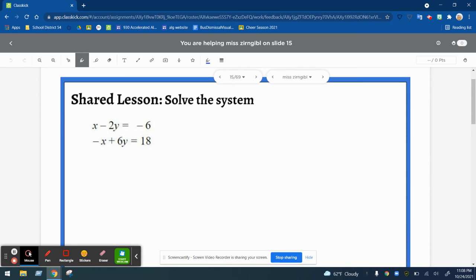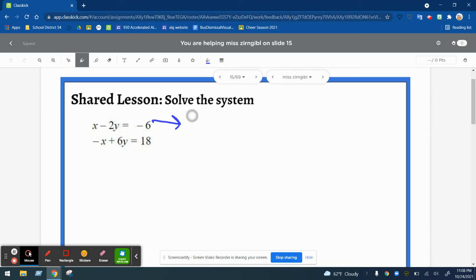Okay, a couple more steps now. I've got x minus 2y equals negative 6, and negative x plus 6y equals 18. So I actually do not know what x equals or what y equals. But I can change one of my equations to find out what one piece is on its own.